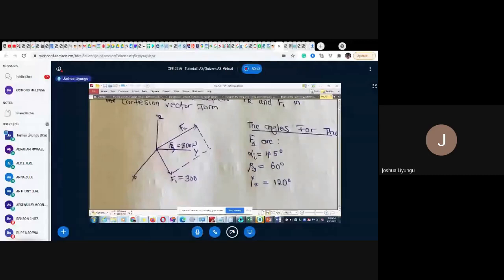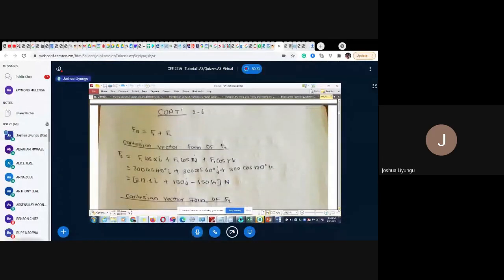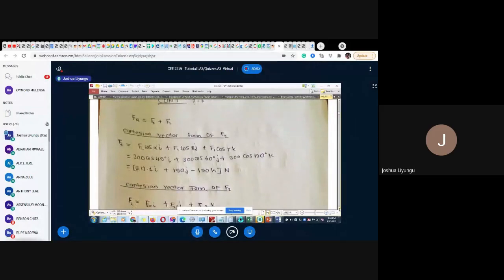Okay. This is how simple it is. The first thing we need, since we have been given the alpha, beta, and gamma, and we already know our F1, is to represent our forces in Cartesian notation.